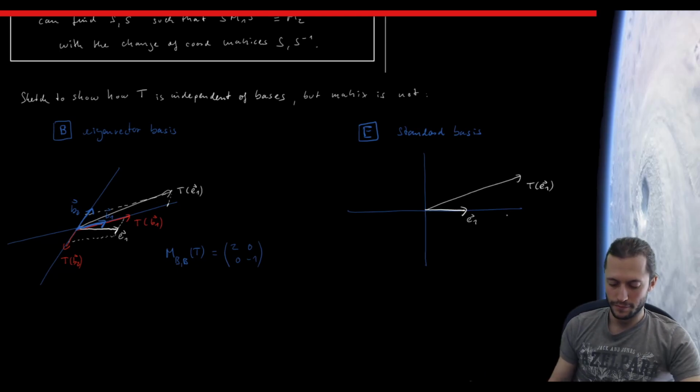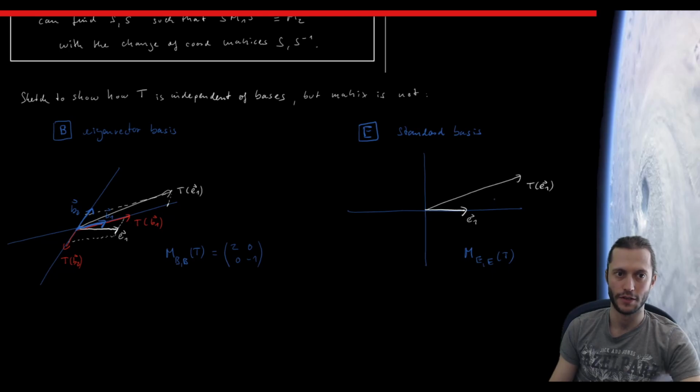Therefore, while we could decide for every vector in the eigenvector basis pretty easily where it's going to go, here it's not that easy, because the matrix cannot be diagonal here. Because if it was, it would only stretch E1. But E1 isn't just stretched, it also has a y component. So that cannot be diagonal.